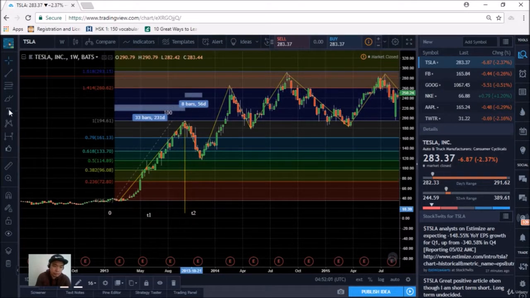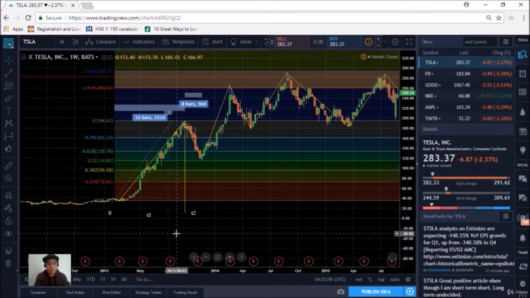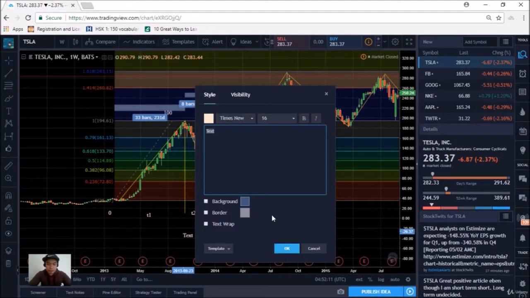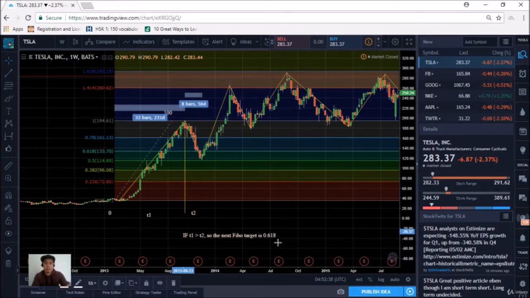Now what I'm trying to show you, and you have to remember this, is that if T1 is more than T2, the next Fibonacci target is 0.618, right? 0.618.